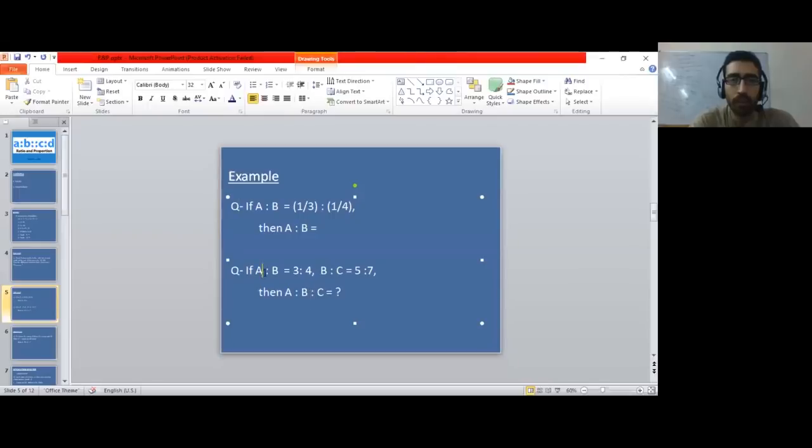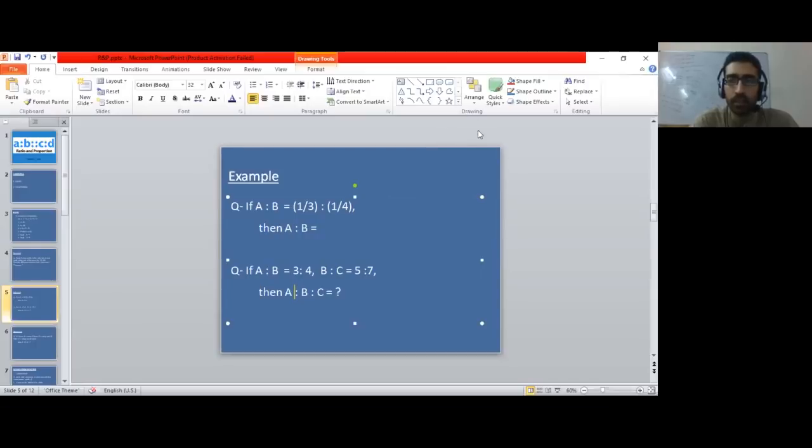What about question number 2 here, the one below? If A is to B is 3 is to 4 and B is to C is 5 is to 7, then A is to B is to C is what? What would you say A is to B is to C is?